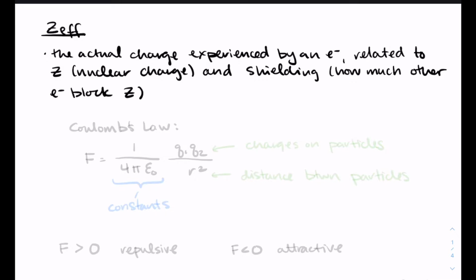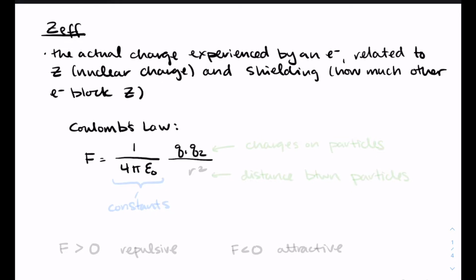The core electrons closer to the nucleus feel a bigger pull, but they also repel other electrons. So it's the combination of all of those forces that gives us effective nuclear charge. You can't just say that because there are 35 protons, an electron feels a pull of 35 plus. That's a pretty strong pull. It has to be accounted for amongst all of the other electrons that are out there.